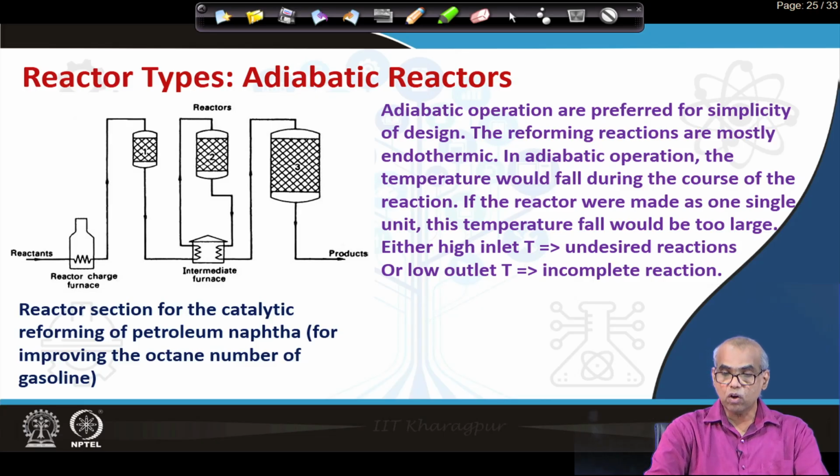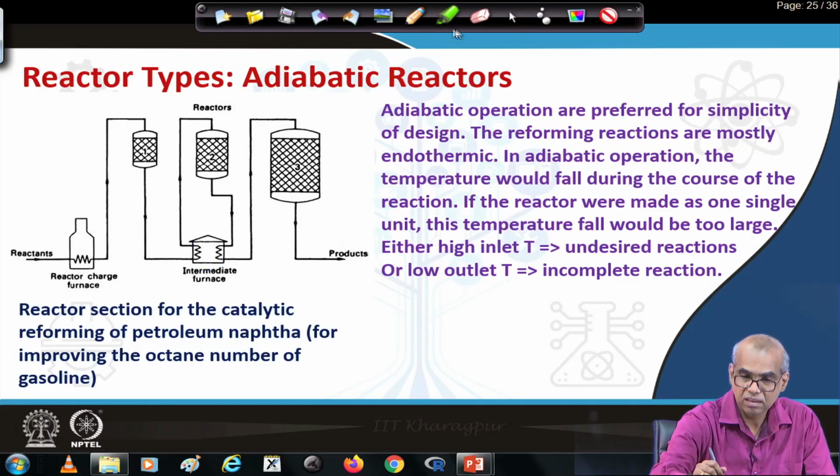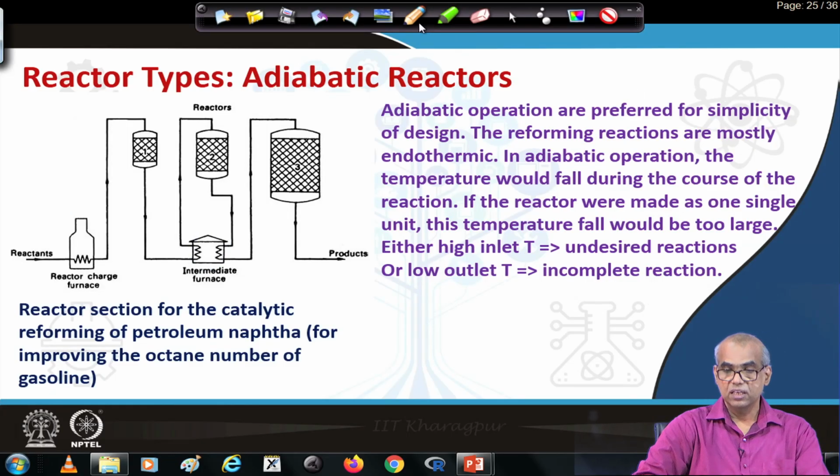So, during adiabatic operation, the temperature would fall during the course of the reaction. If the reactor is made as one single unit, then this temperature fall may be too large.